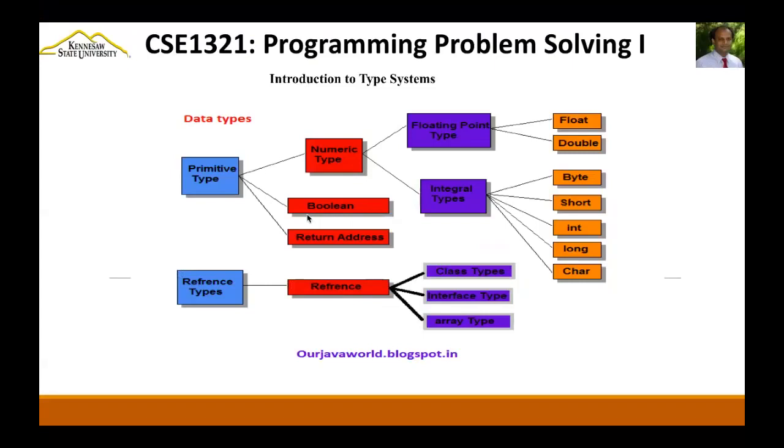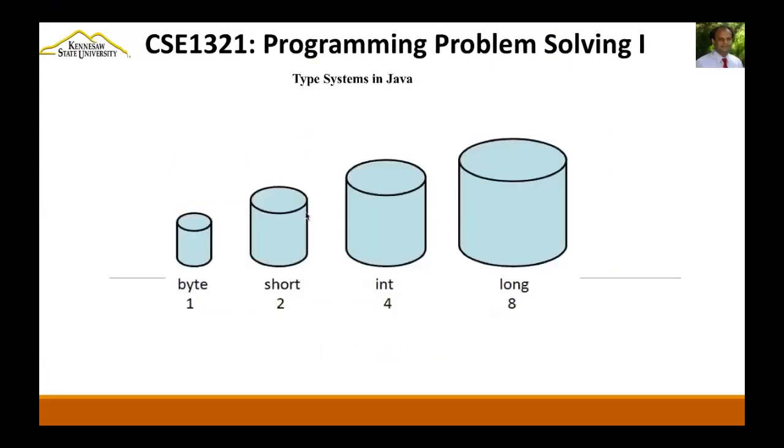Let me talk about that. As we know, 1 byte means 8 consecutive bits, right? For short type we have 2 bytes, for integer we have 4 bytes, and for long we have 8 bytes.